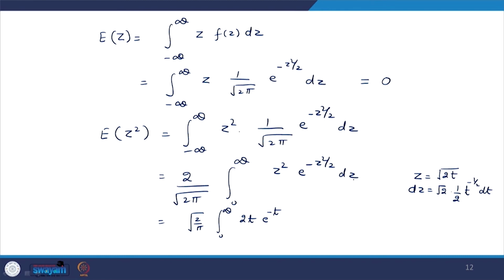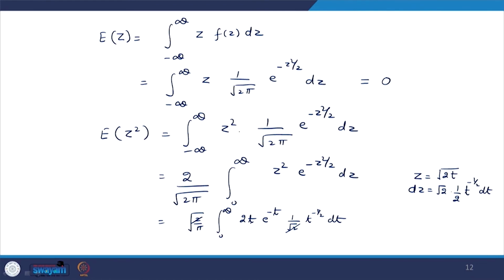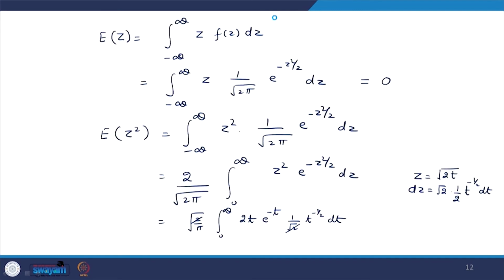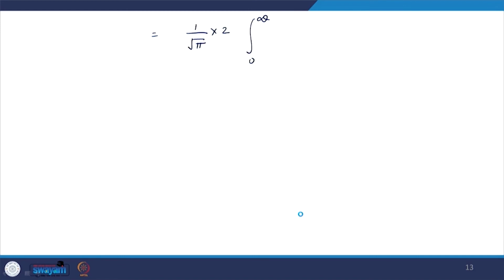And dz is 1 upon under root 2, t raised to power minus half into dt. So this will cancel with this 2. Finally we have 1 upon under root pi, times 2, integral 0 to infinity of t raised to power half, e raised to power minus t.